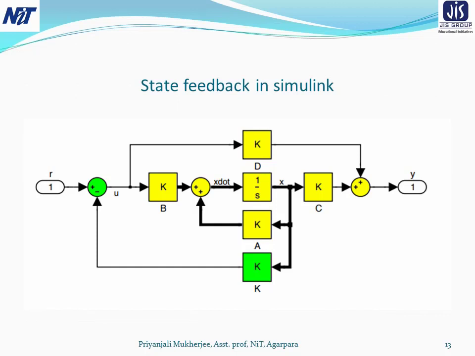So x dot is equal to Ax plus B into u, and r is given here, and another feedback K is attached to this system. Here also, if we consider the output, one forward path is there, which is also represented by the K over here.